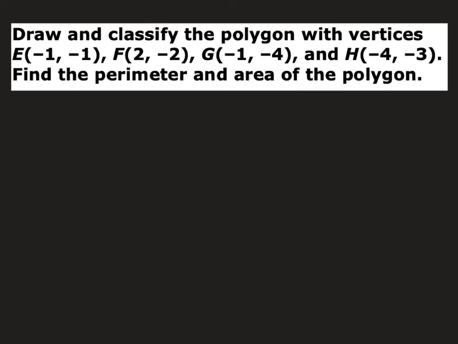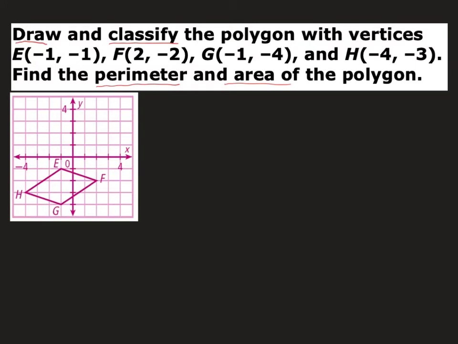So here we're asked to draw and classify the polygon with these vertices, and also find the perimeter and the area of the polygon. So to draw, we're just going to plot those points and then connect them with line segments. Okay, so the next thing we want to do is classify the polygon.